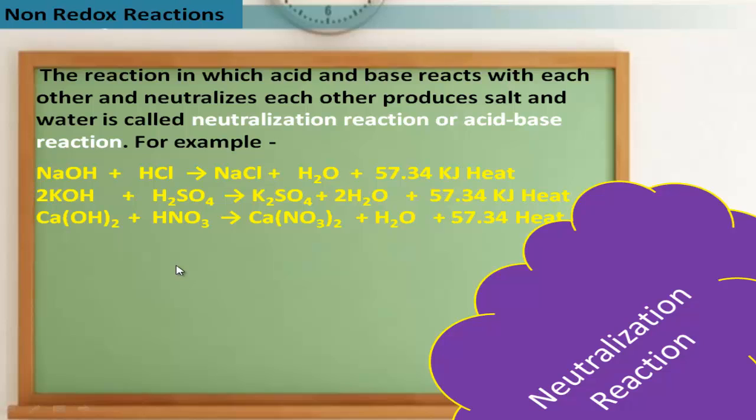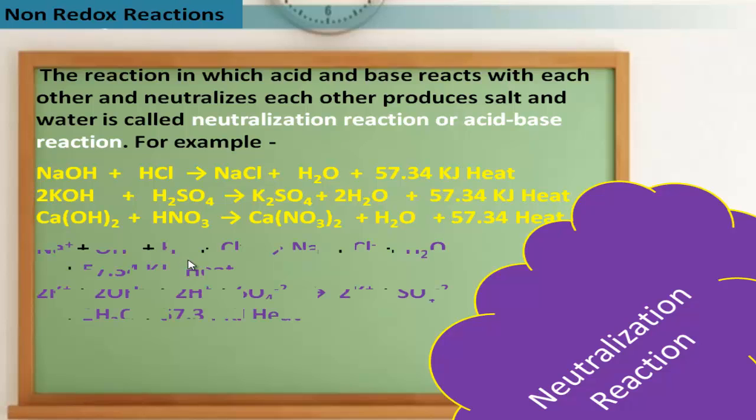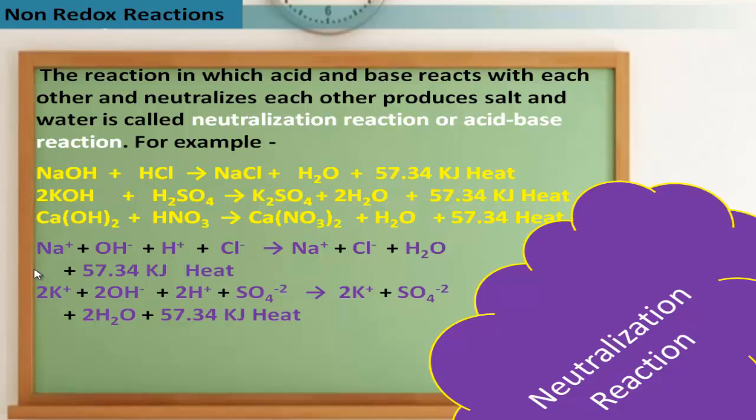So the net reaction of any neutralization of a strong acid and strong base is as follows. When sodium hydroxide reacts with hydrogen chloride, sodium chloride and water are produced. But inside the aqueous solution of sodium chloride, the sodium ion and chloride ion remain in ionized condition.